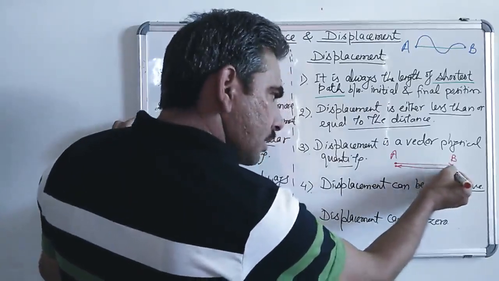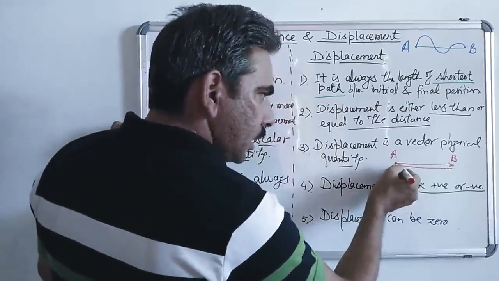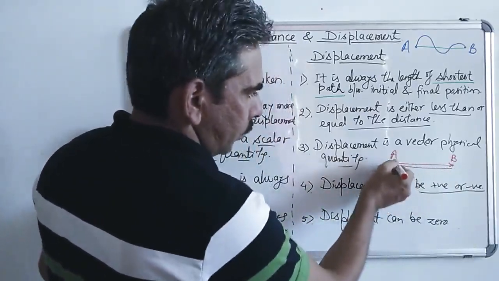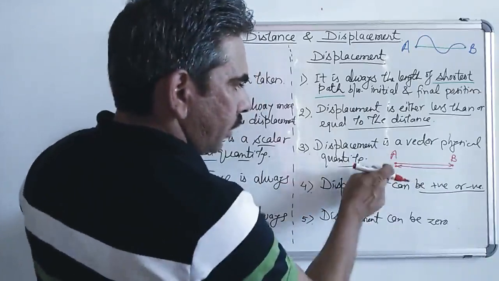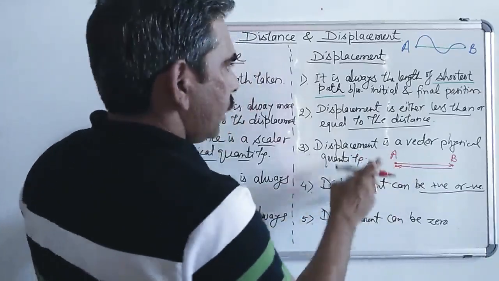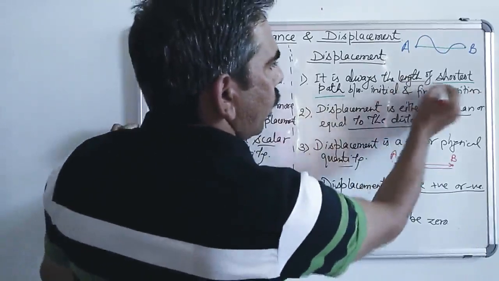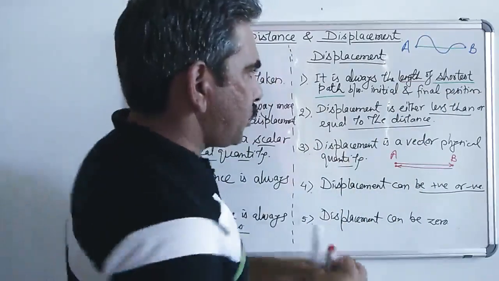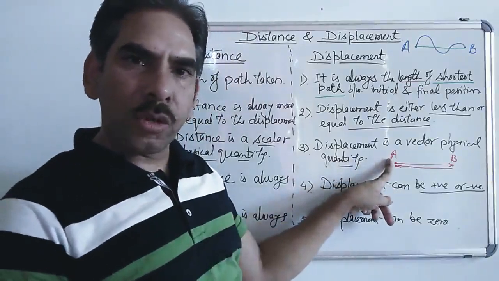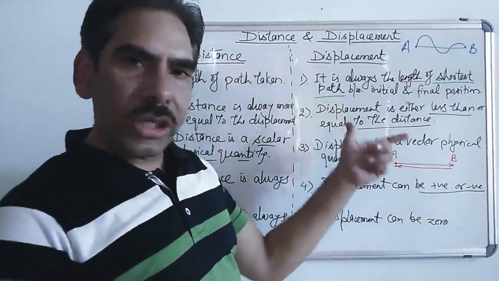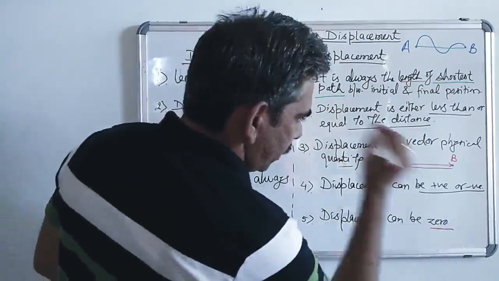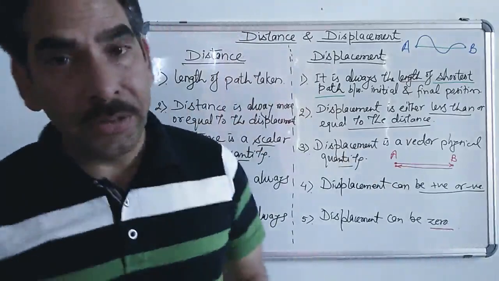Then along the same straight line path, the journey is taken in reverse direction till position A. So the initial and final positions are the same. Therefore the length of the shortest path, the difference between initial and final position, is zero, so displacement is zero. That's why displacement can have zero value.